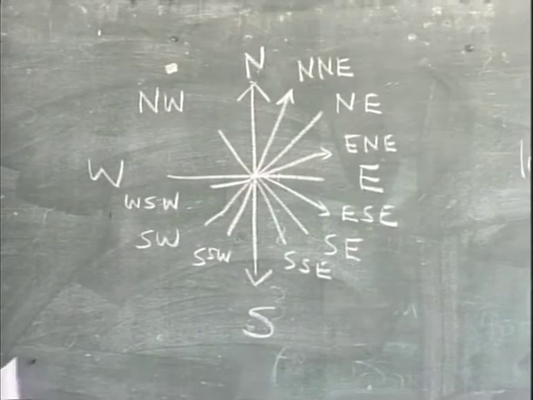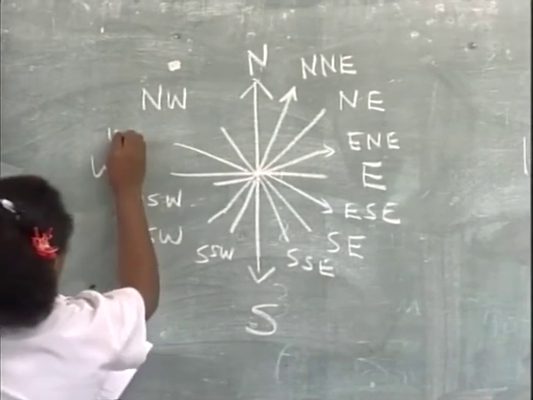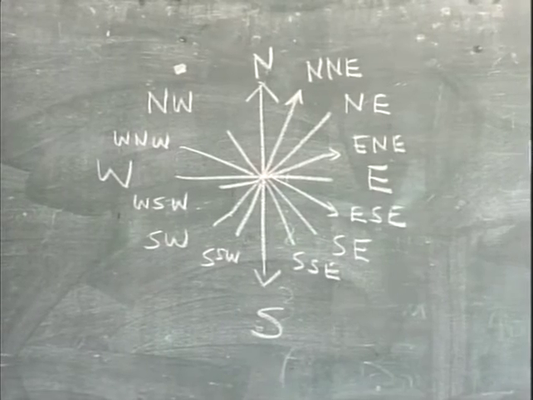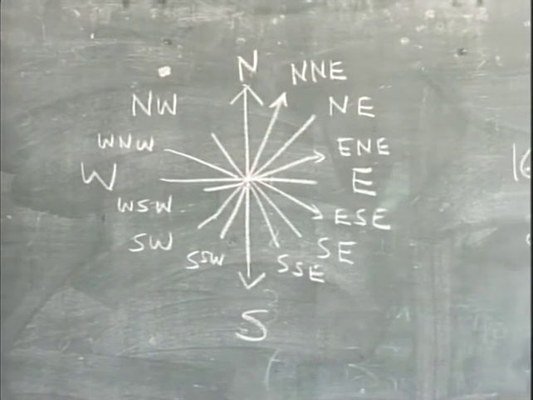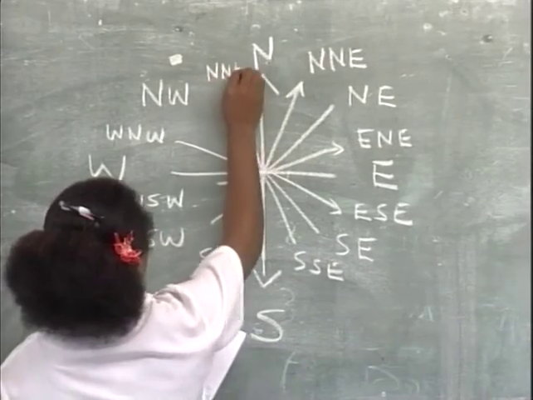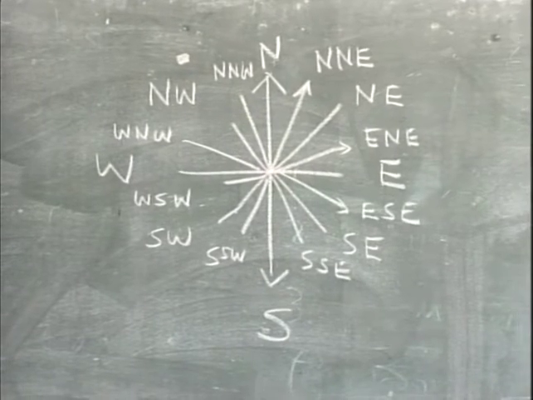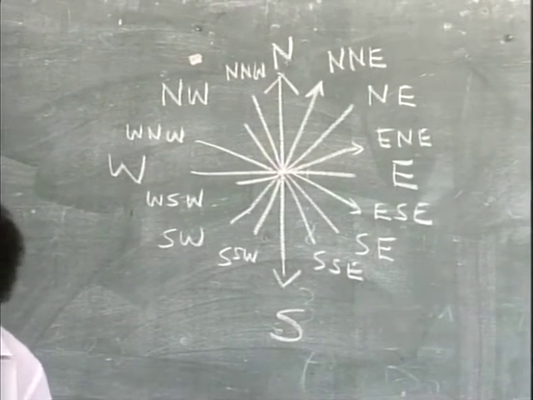West-northwest. Okay, here we have west-northwest, and finally the direction between northwest and north. North-northwest. Okay, so here we have north-northwest. If you check and count, that would give us 16 points of a compass.